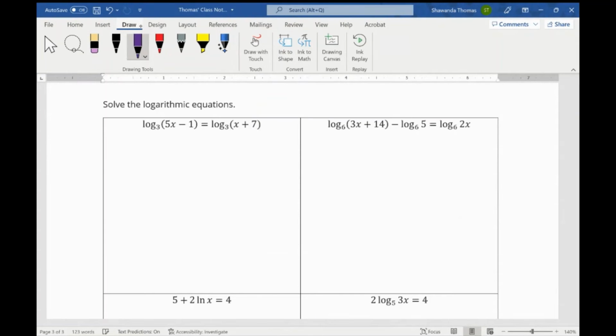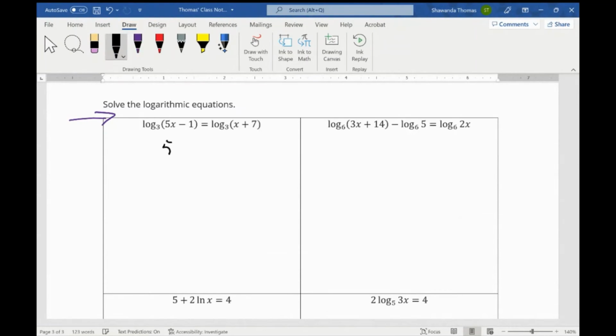We can only do the one-to-one property when there's 1 log on the left side and 1 log on the right side. So just in case you were wondering, when can we use the one-to-one property? For this one right here, there's 1 log base 3 on the left side, 1 log base 3 on the right side. Perfect for the one-to-one property.